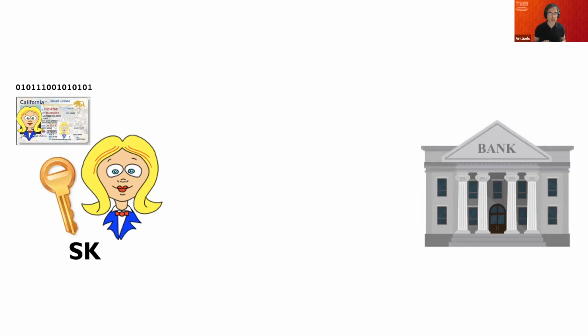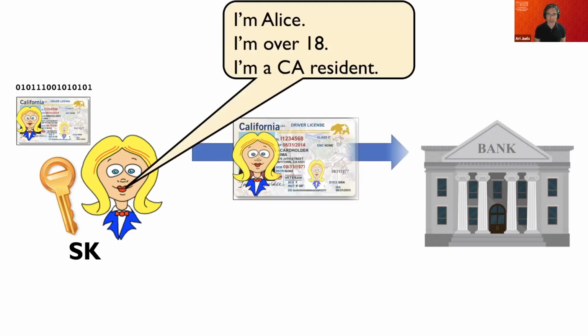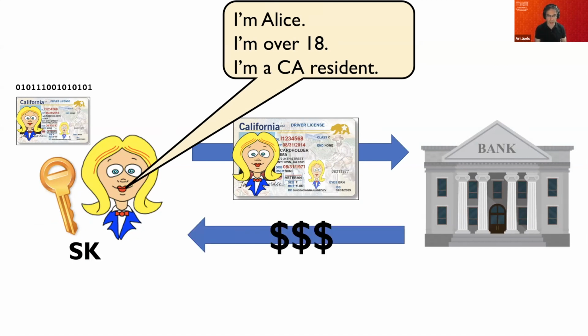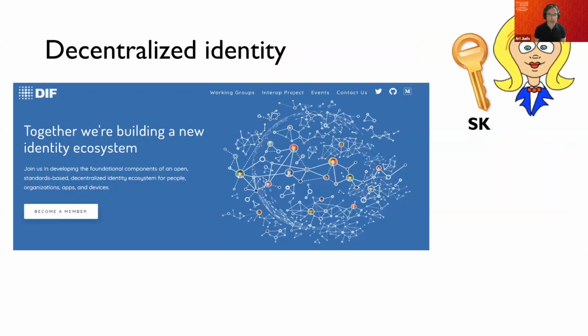The user then, if she wants to present this credential or document to a third party, say Alice here wants to take out a loan and she needs to prove she's over 18 and a resident of the state of California, presents the identity document and uses the private key to prove that this is indeed her document, to prove possession, ownership of the document.